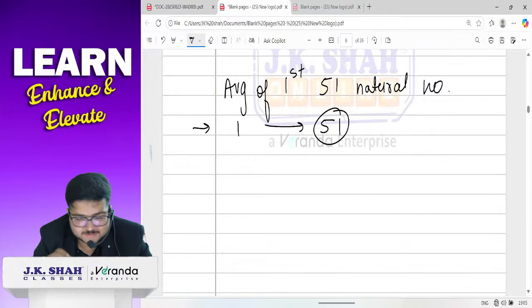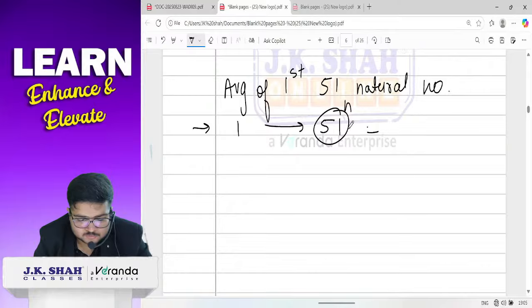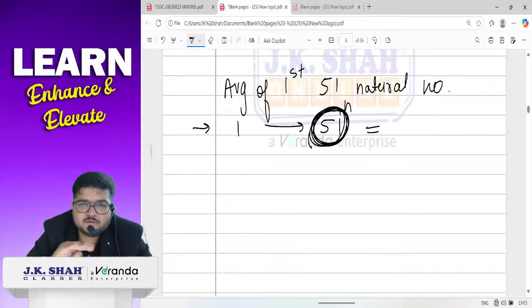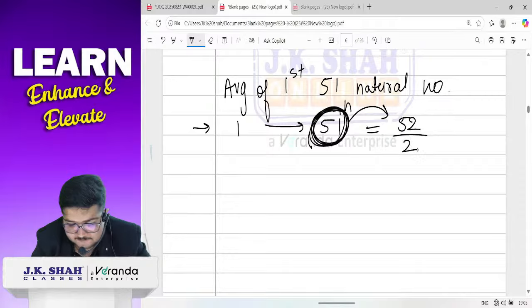So the last number is 51, and you take that number as your n. The solution is, you take the next number after it and half that number. The next number after n is 52. Half of it, and the answer is 26.